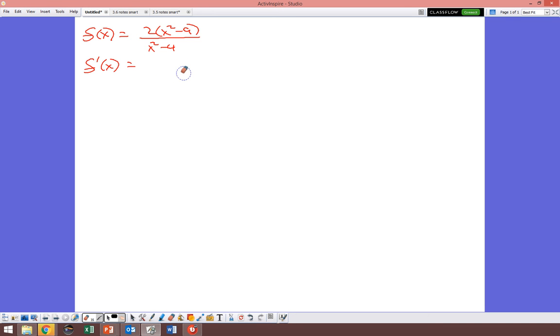I want the first derivative: 20x over x squared minus 4, squared. This is squared here, right? Yeah. Okay, f double prime: negative 20 times the quantity 3x squared plus 4, all over x squared minus 4 to the cube.